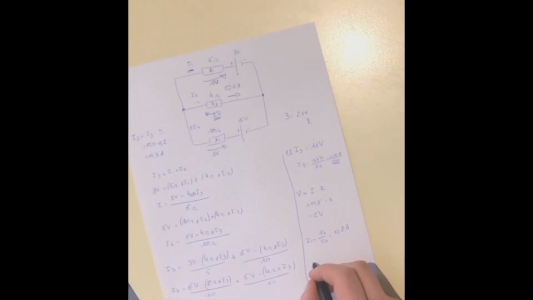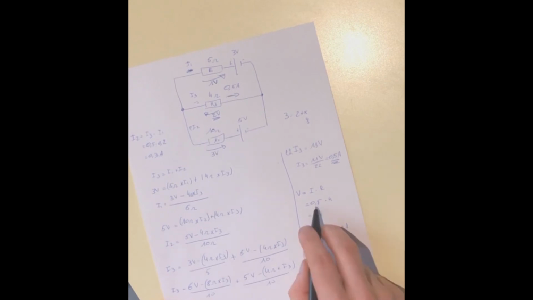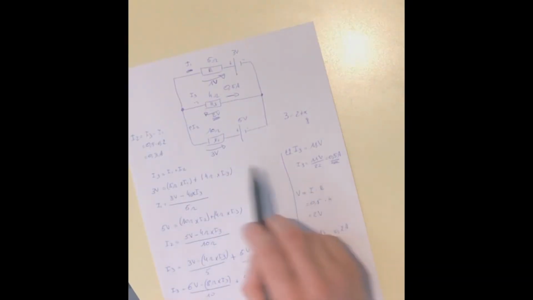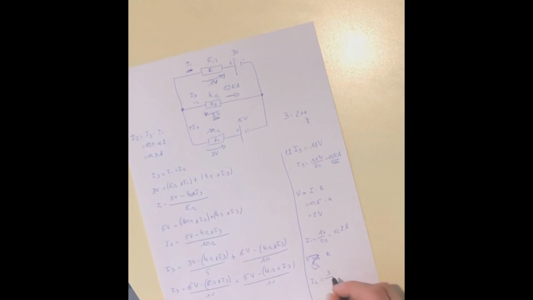Or we can use again the same method as we used here. The voltage is equal to current times resistance, so I2 is equal to that 3 volts divided by 10 ohms.